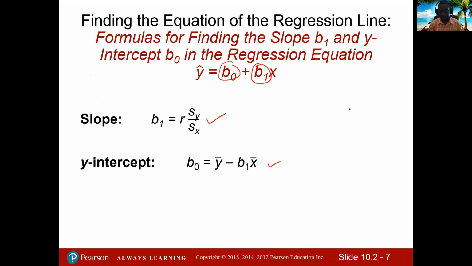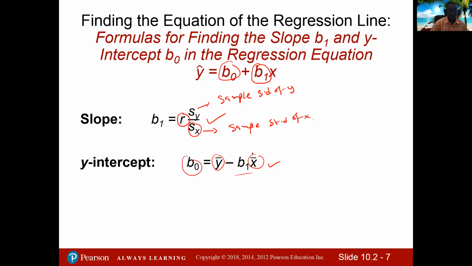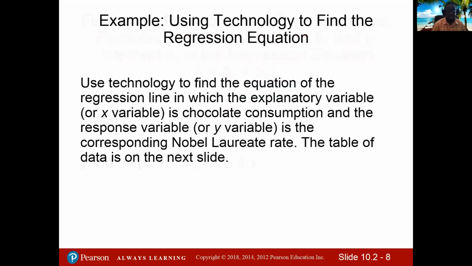StatCrunch will give us this, but just to explain: r is your correlation coefficient, s_y is the sample standard deviation of the y values, and s_x is the sample standard deviation of the x values. Then using the mean of y and the mean of x, if you evaluate this, you get the y-intercept. StatCrunch will give us this, but in case you want to know how to calculate it.